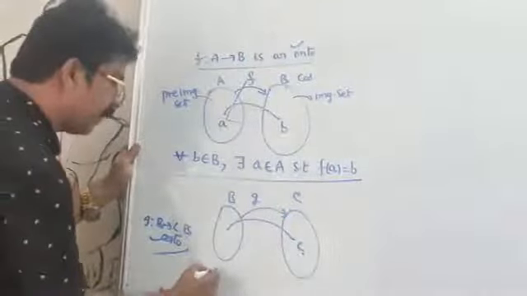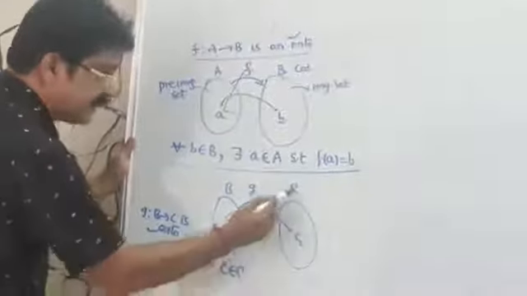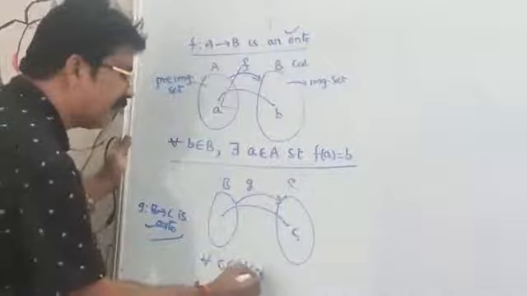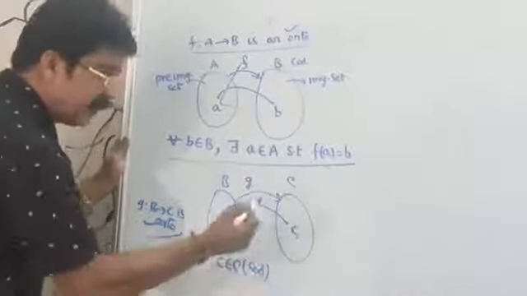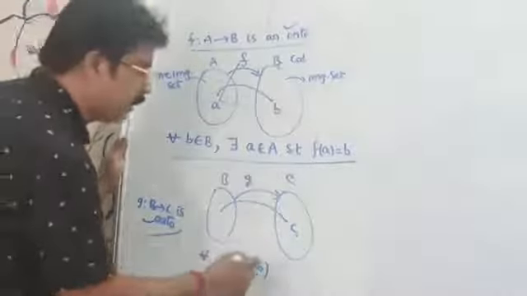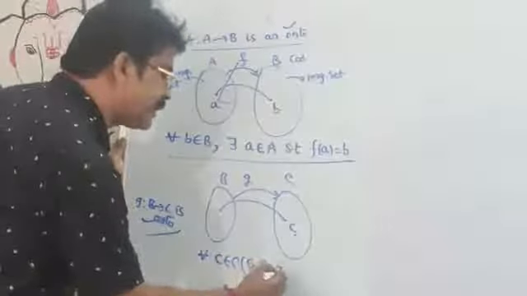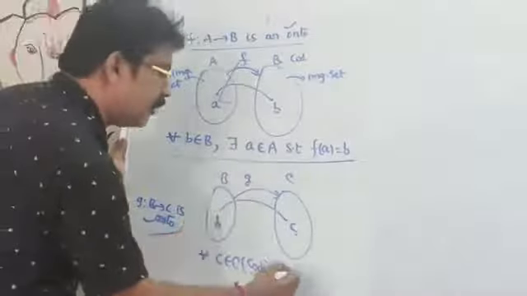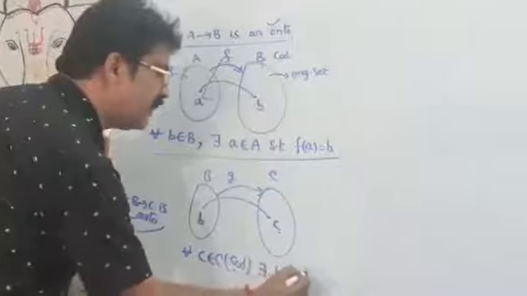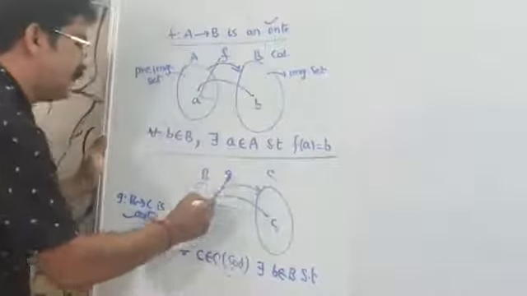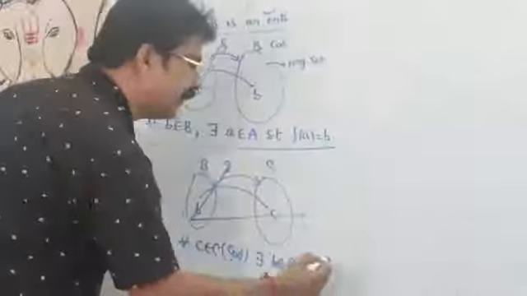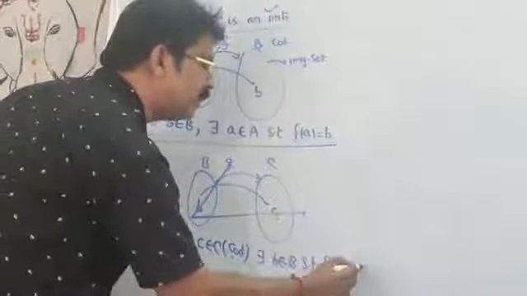Mathematically, for all c belongs to capital C. Capital C means codomain. We are discussing the codomain first. There exists, suppose, b belongs to capital B, so that g of b equals c.